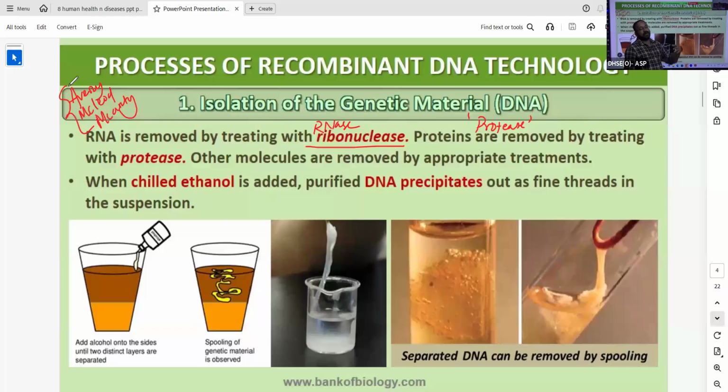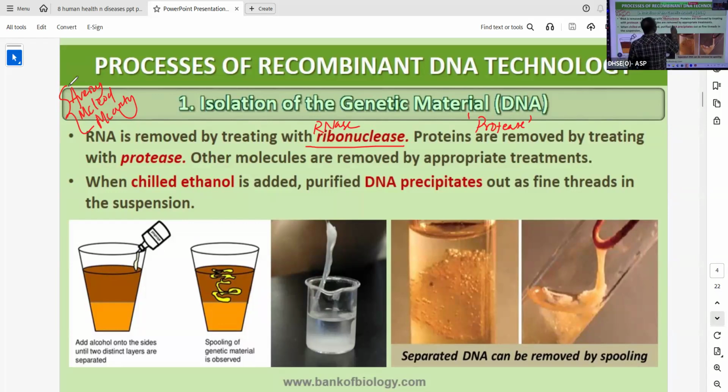The experiment they performed used enzymes to obtain the genetic material. So the same thing: for RNA we use RNase, for protein we use protease. Fine. Done.